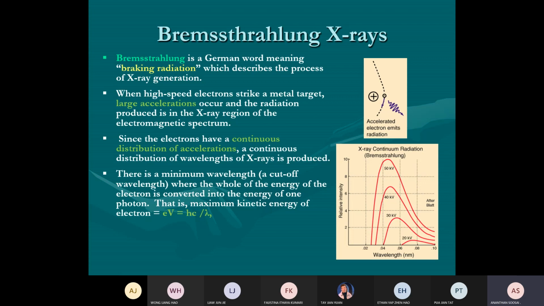When a charged particle accelerates, it gives up EM radiation. That's the point of Maxwell. So here the electron makes a series of collisions, therefore it makes a series of accelerations, therefore a range of wavelength is produced. So that's why wavelength is in a range.